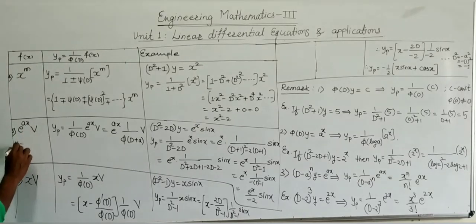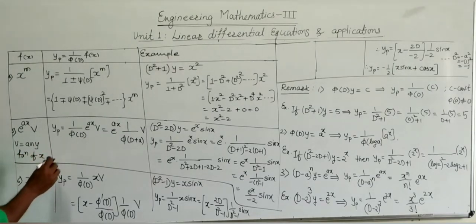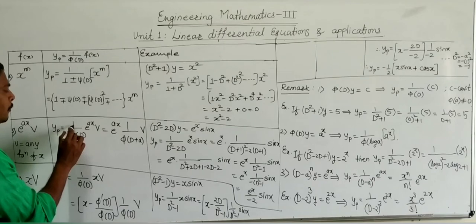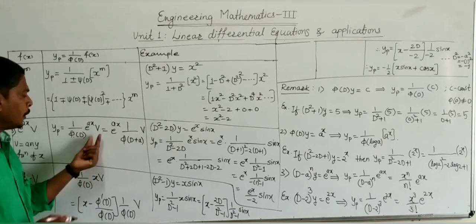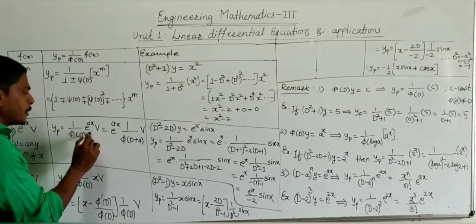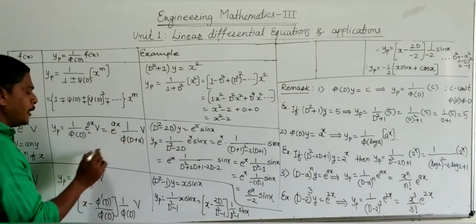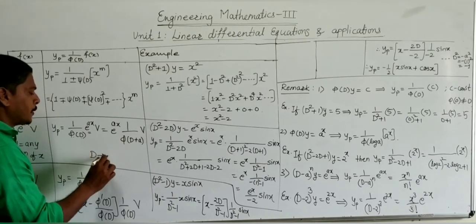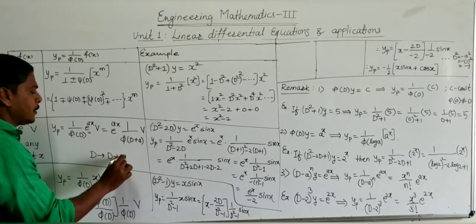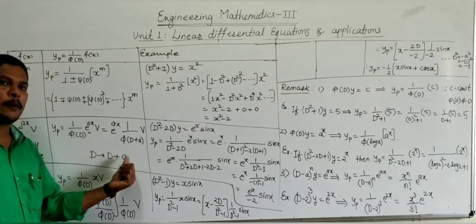Now the second case becomes exponential function into v, where v is any function of x. In that case we write yp becomes 1 upon phi of D into e raised to ax into v. Take this exponential function outside and replace D by D plus a. If a is 2, then replace D by D plus 2.